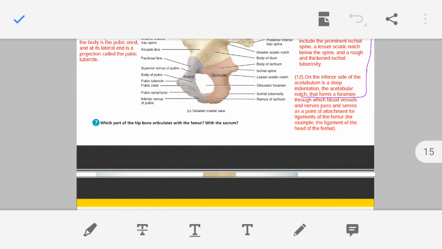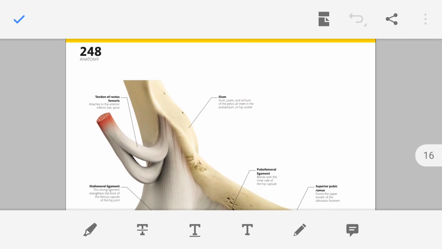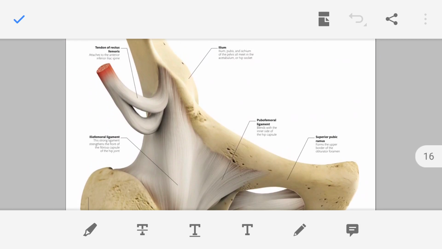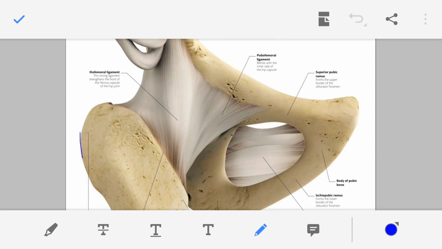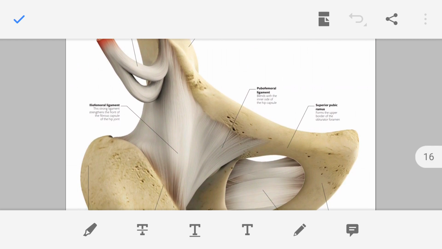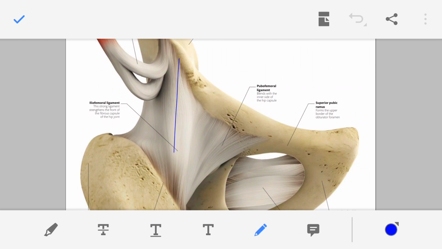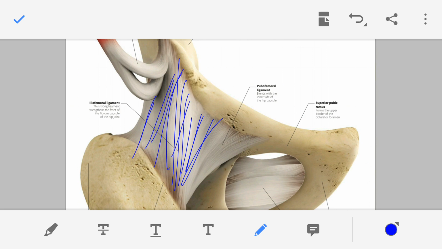So I am showing you in this figure. So this is the head. Okay, here somewhere the notch is present, but we cannot see the notch. The reason is the ligaments are attached to that acetabular notch.